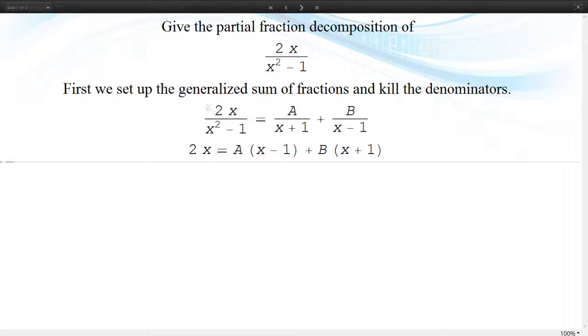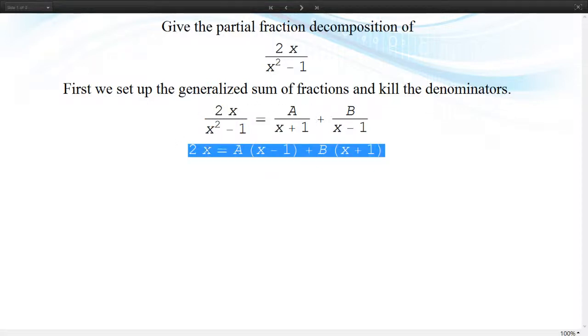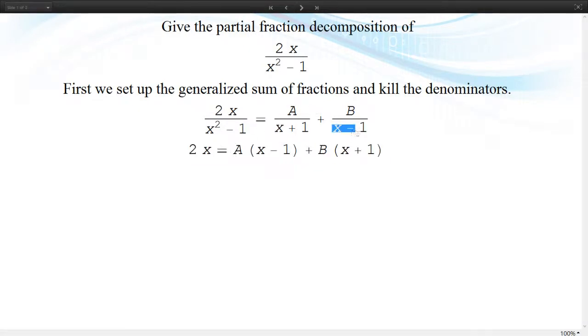After I set up this fraction equal to our generalized sum of fractions, I'm going to multiply by the denominator on both sides of this equation, and that'll give us 2x on this side because the denominator will cancel. And then we'll get an incomplete cancellation on each of these other fractions.